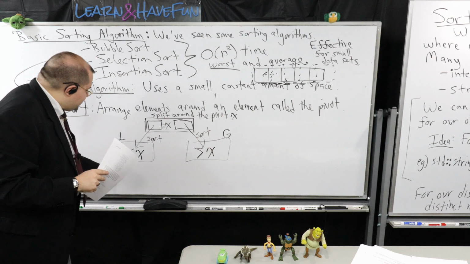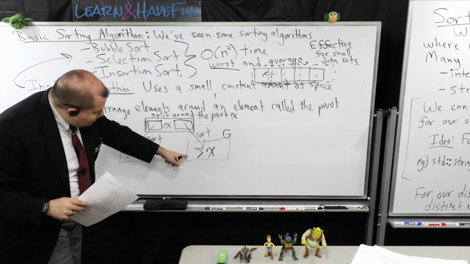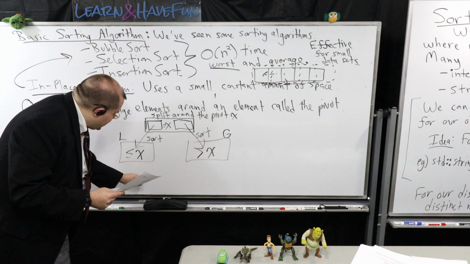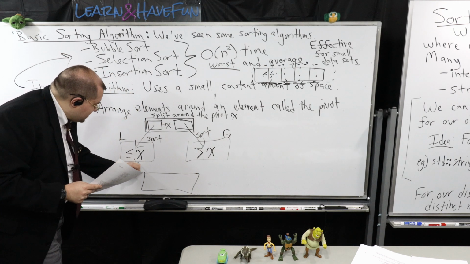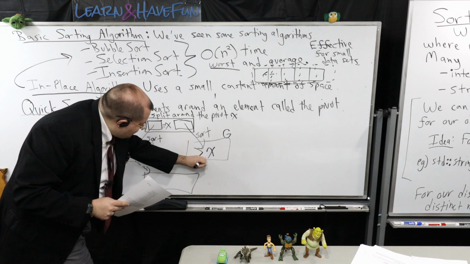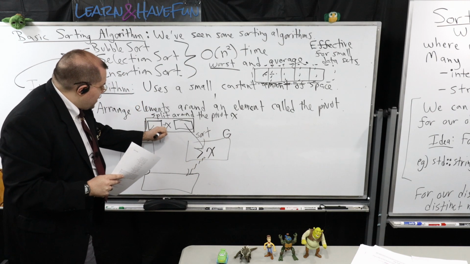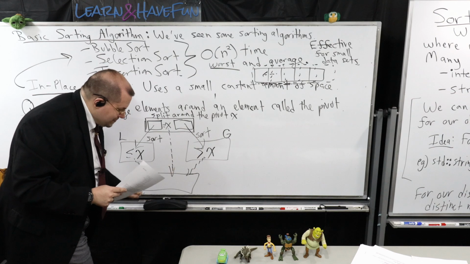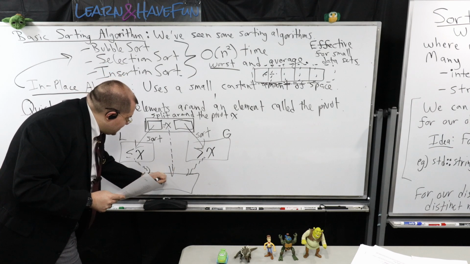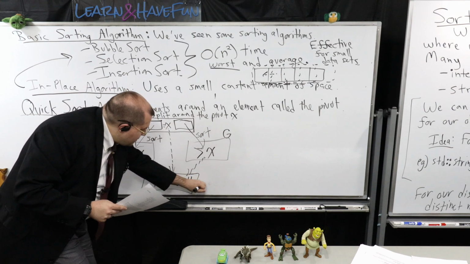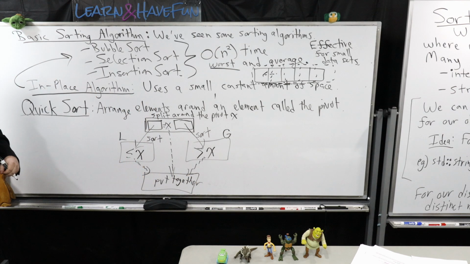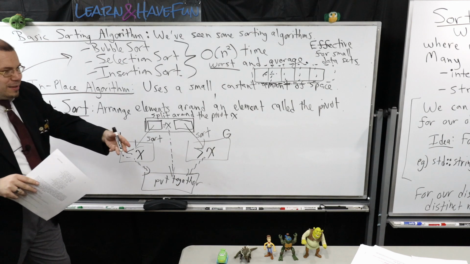If I sort this and I sort that, and I put the pivot right in the middle, and I put it all together, it should be sorted, right? Just like my example with my lovely friends over here.